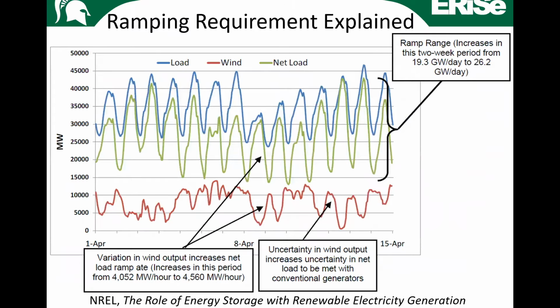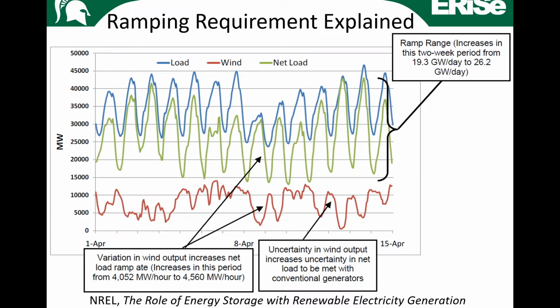Let's talk a little now about some of the impacts of variability, and how the rest of the system has to deal with it. This graphic is out of the resource that I've cited at the bottom, the report from the National Renewable Energy Lab.